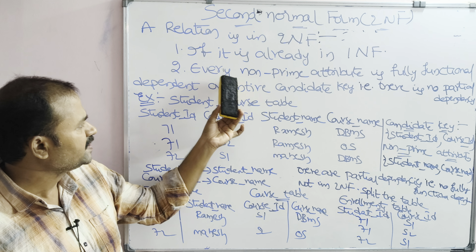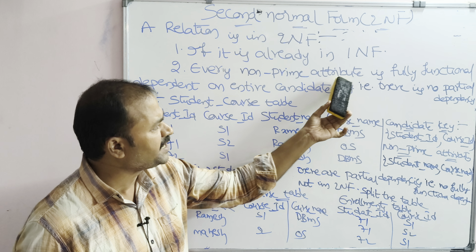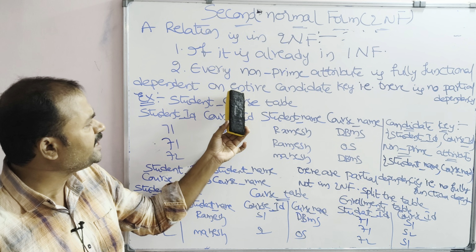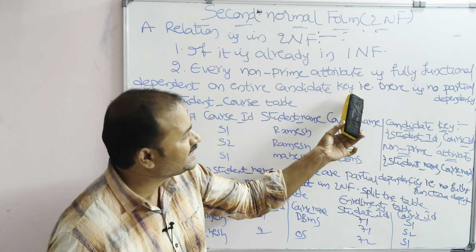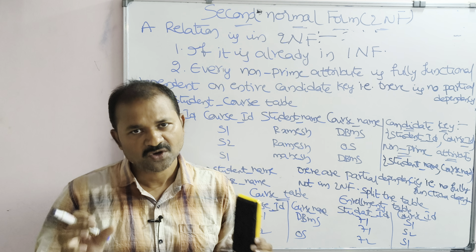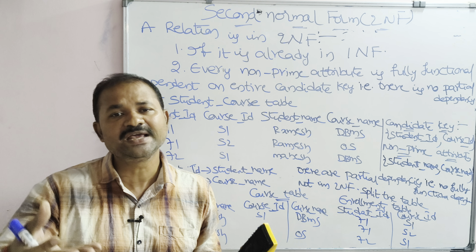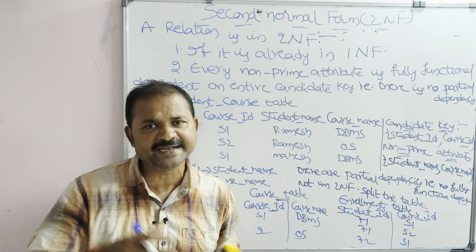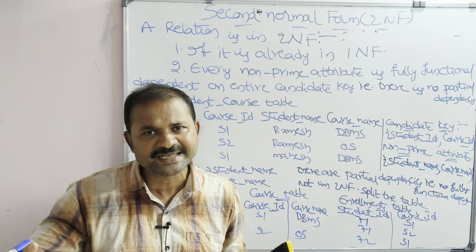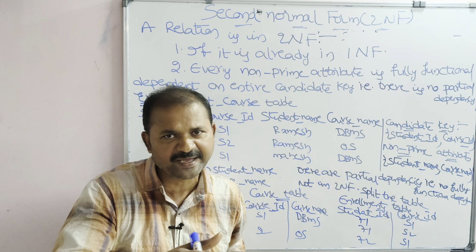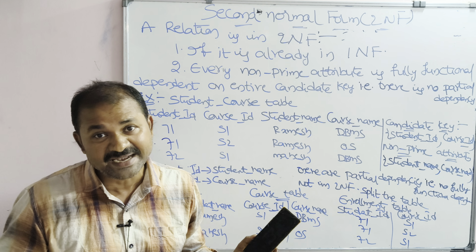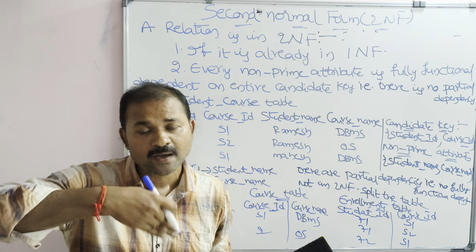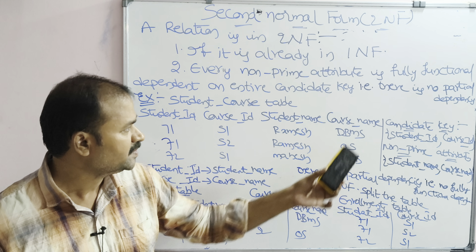Second constraint, every non-prime attribute is fully functionally dependent on the entire candidate key. That is, we have to maintain fully functional dependency. Fully functional dependency means every non-key attribute must be functionally dependent on the entire candidate key rather than part of the candidate key.